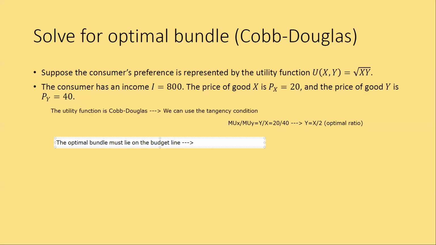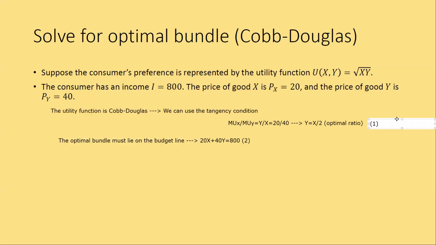For this to hold, it must be that 20 times x plus 40 times y equals 800. So the budget constraint must hold with equality. We have an equality sign here instead of an inequality sign. So this is our second condition, and this is our first condition.